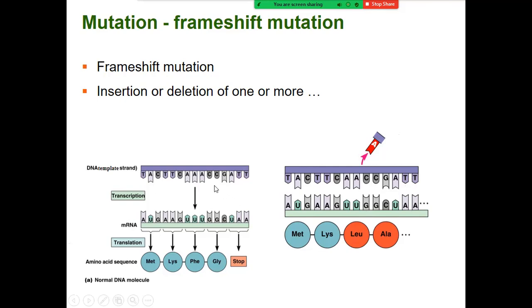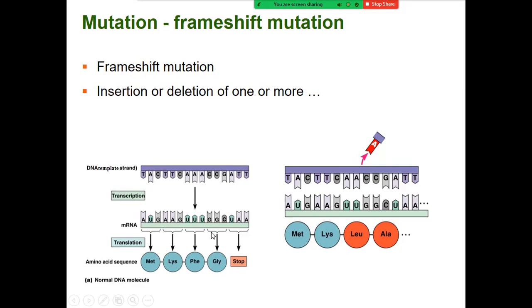However, the next amino acid, which would be CCG, now is going to be not CCG, but CG, and then it reads the next codon A, coding for a totally different amino acid. Instead of glycine, it'll be alanine. And then once you have a frame shift mutation right here, the codon frame is shifted so that each codon after the frame shift will be different.